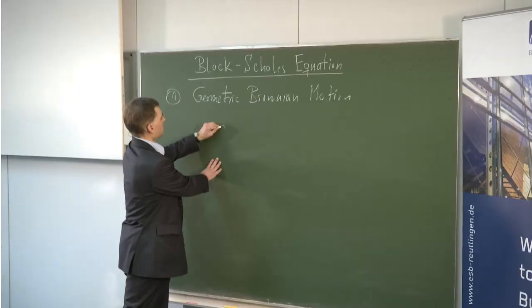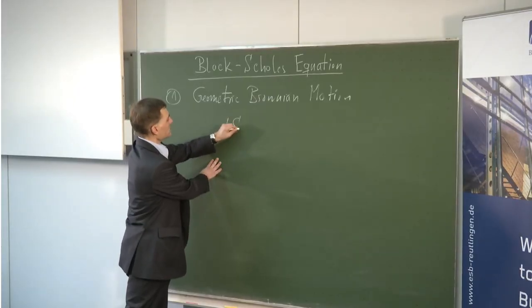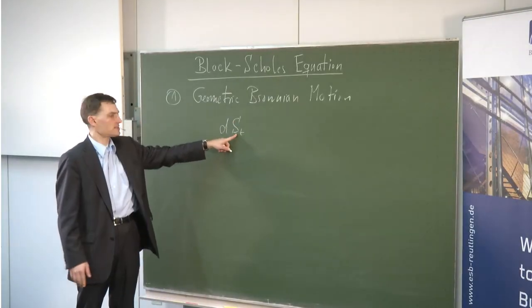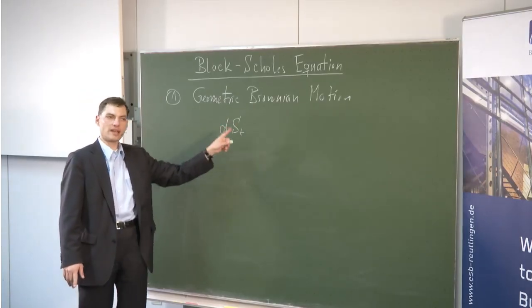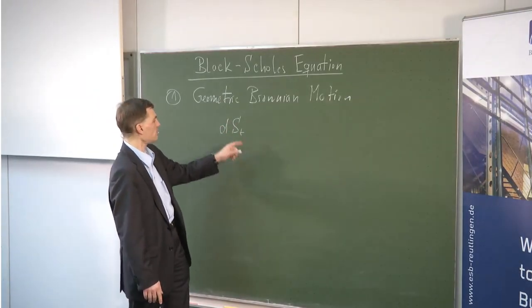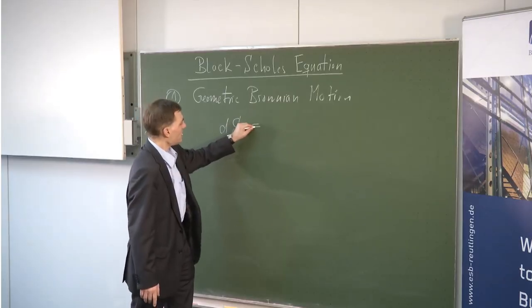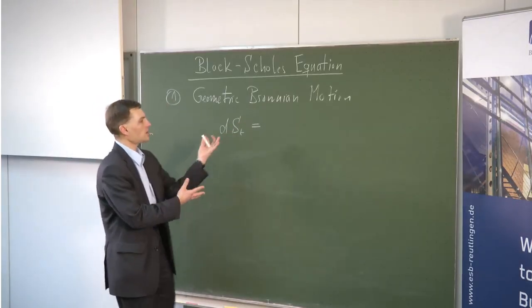And this equation looks as follows. It's the change of the stock price. S is the stock price here, and the d means it's the change of the stock price. It's the differential of the stock price over time, Microsoft for instance, and that behaves according to the following equation.